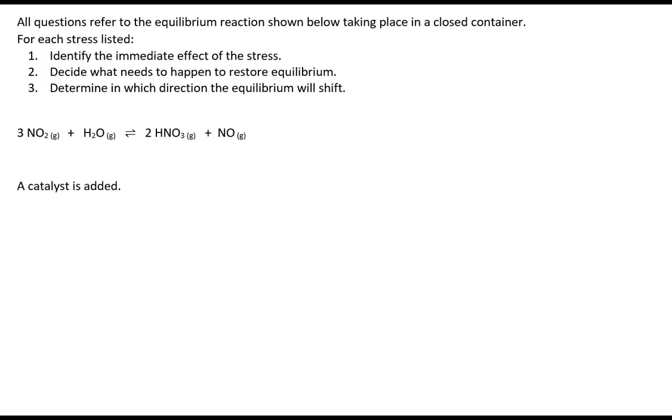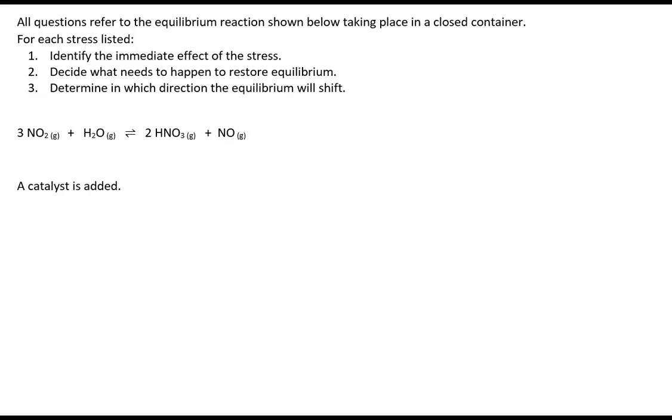In our next example, we're told that a catalyst is added. Now we're not given the chemical formula, and so we assume that it is something external to the equilibrium system. In other words, it is a different substance, so it's not directly part of the equilibrium system. The other thing we need to remember is that the sole job of a catalyst is to speed up a reaction.